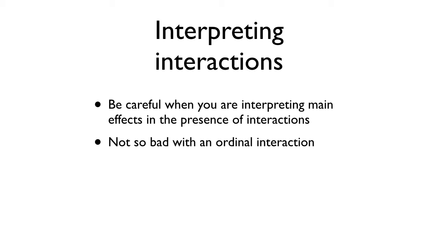But can I talk about one of those effects without talking about another effect? I can't. I can't say that B1 is bigger than B2, because it is at A1, but not at A2. So this one is called a disordinal interaction.